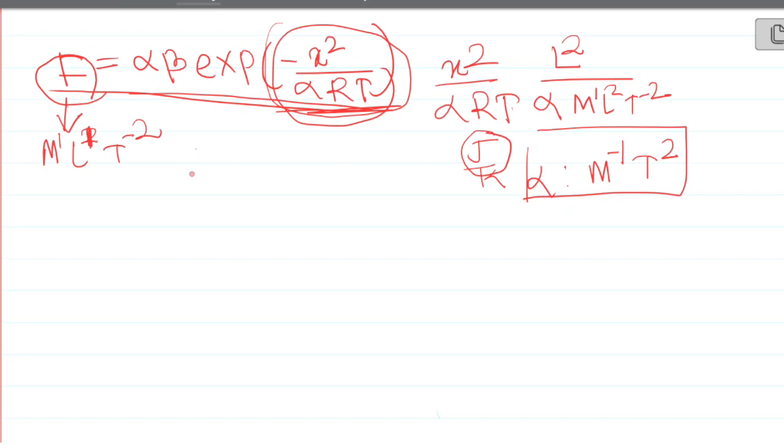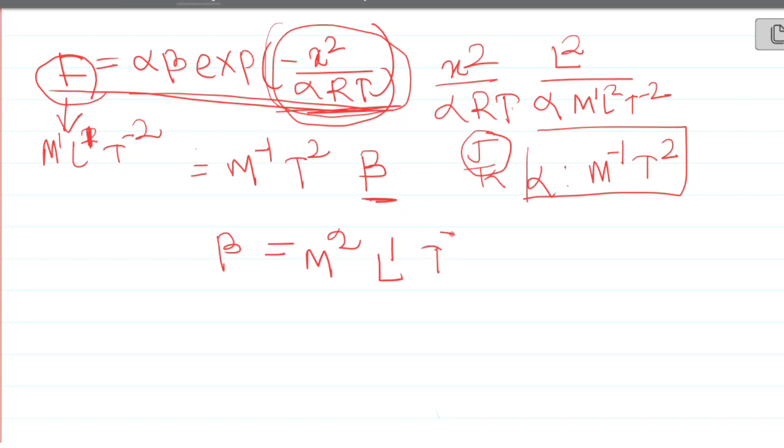Okay. So this is the dimension of constant alpha. So this is the right hand side, this is M minus 1 T2, and this is beta. Okay, so by looking at this, you can calculate the dimension of beta. Dimension of beta will be M2 L1 T minus 4.